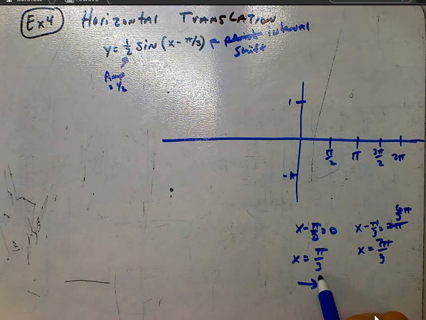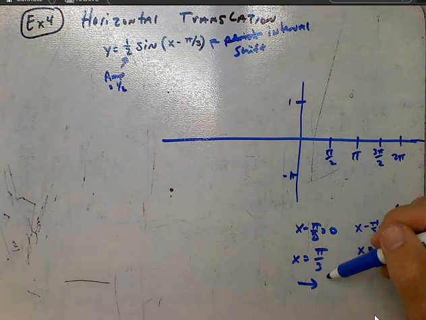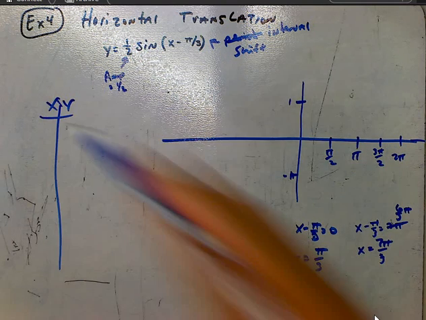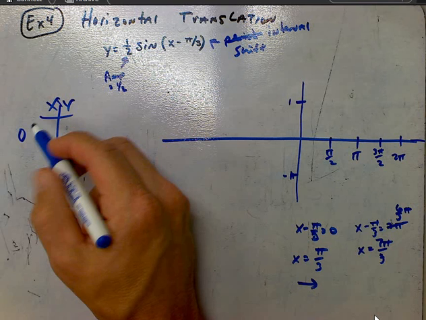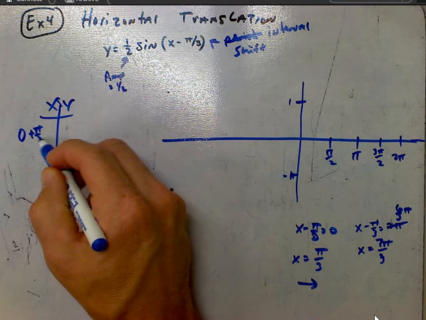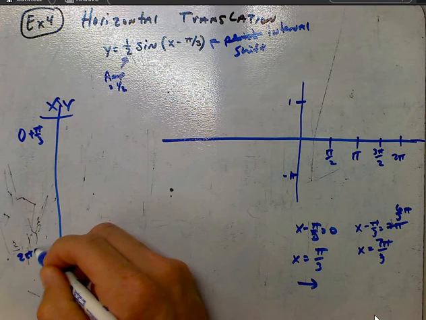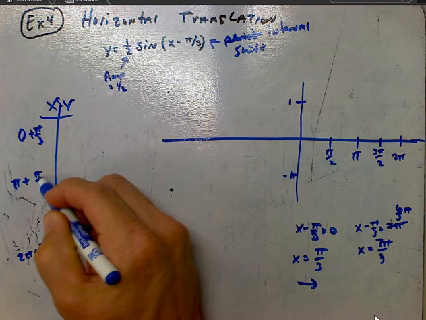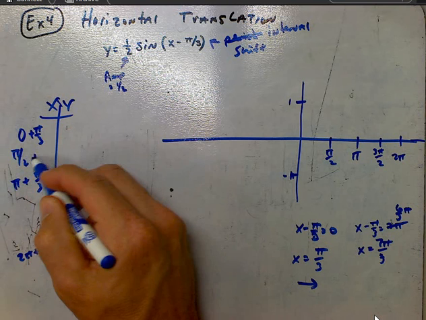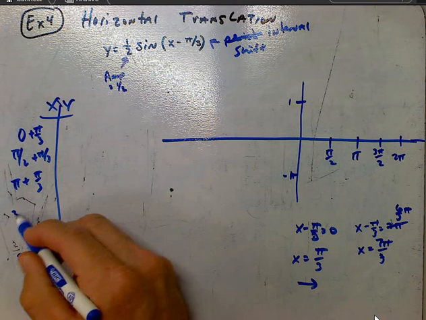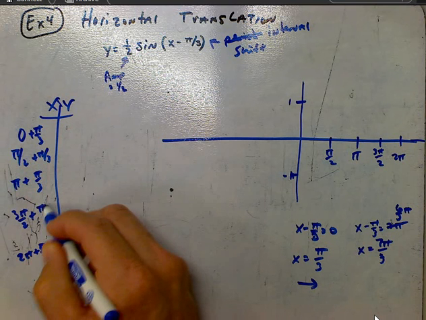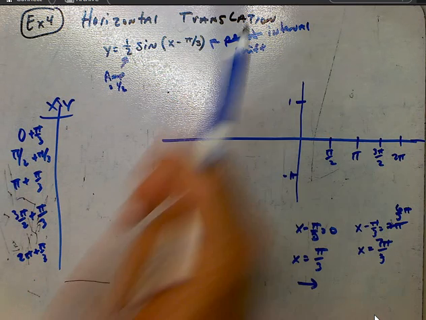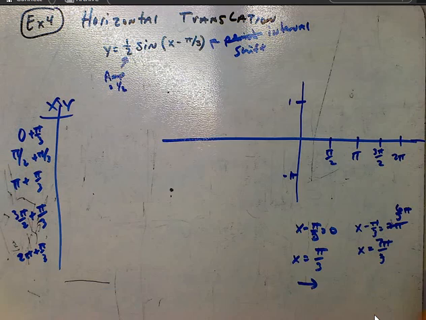So essentially, on my XY t-chart, 0 is going to be plus pi over 3, 2 pi is going to be plus pi over 3, pi will be plus pi over 3, pi over 2 will be plus pi over 3, and 3 pi over 2 will be plus pi over 3 to represent this shift pi over 3 units to the right. Opposite for x, just like in regular graphing.